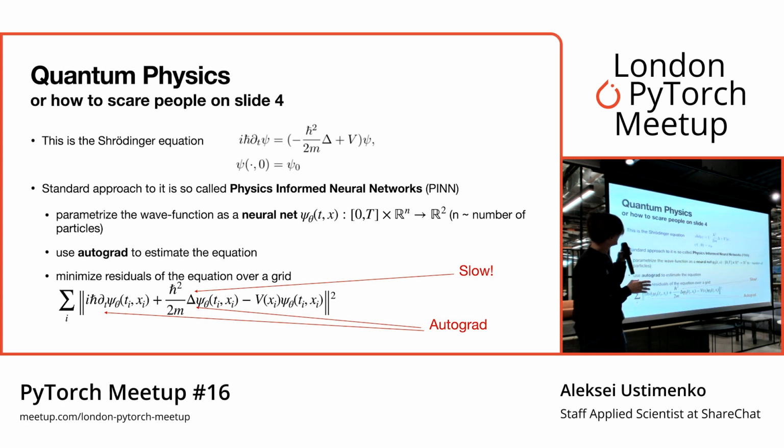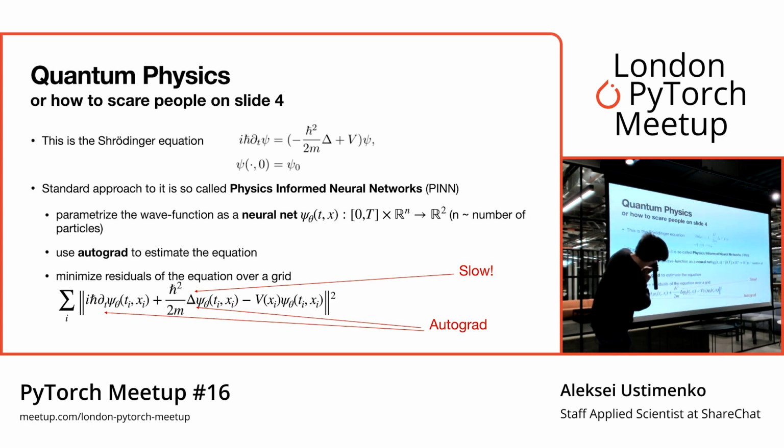We just say that the function that arises in the Schrödinger equation is now a neural network, and we want to minimize the error of this equation on some grid of points, a cloud of points. And that's basically where Autograd and neural networks are used for simulating physics.